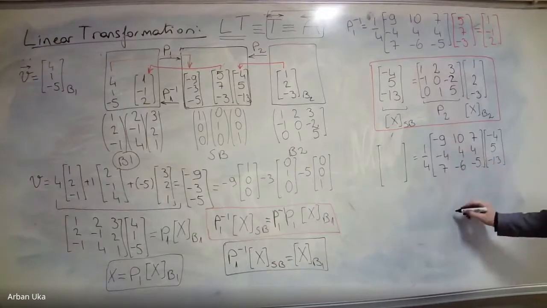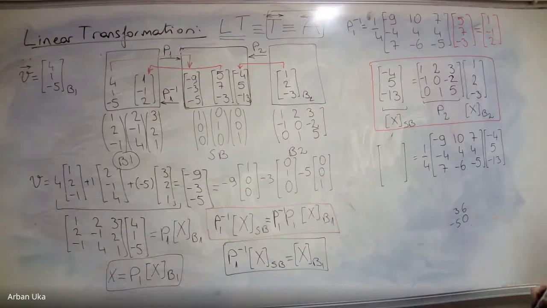We have minus 9, minus 4, 36, minus 50, so we get minus 14.